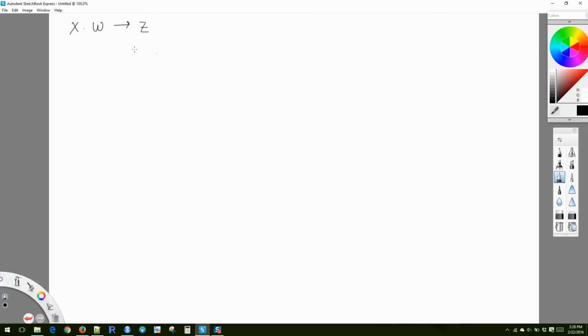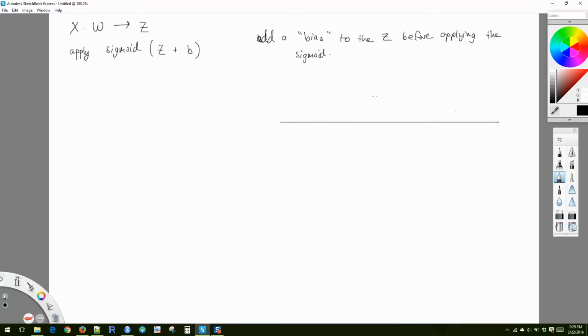When they applied the sigmoid to z, what they often did was add a bias to the z before applying the sigmoid. So what would adding a bias do when we apply a sigmoid?